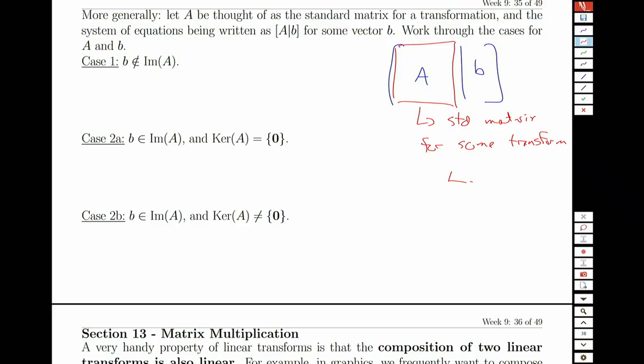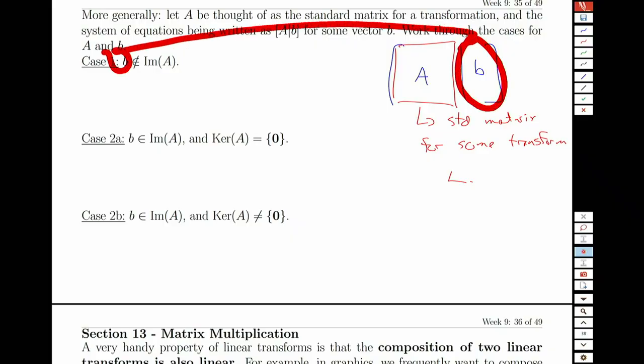All right. And again, there's those 3 choices. We have no solution, and that would be this case here. The B we're talking about here is this right-hand side of the equation.